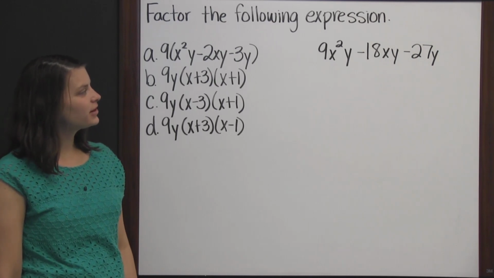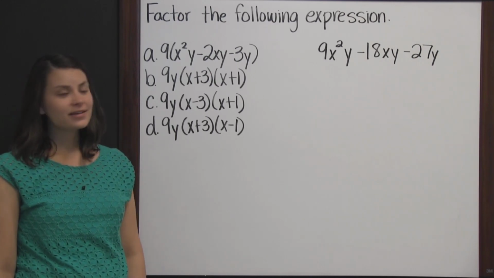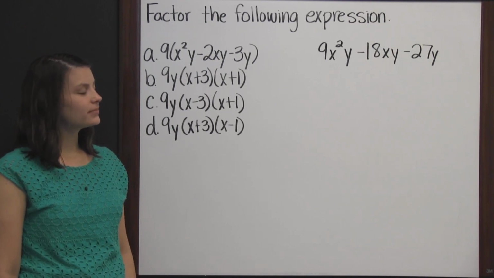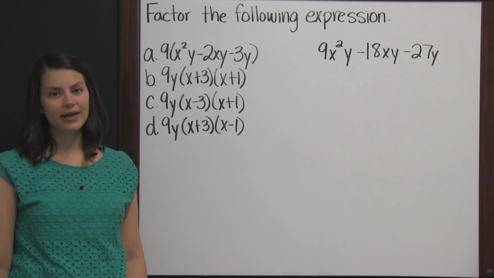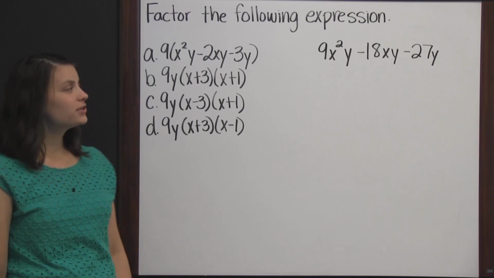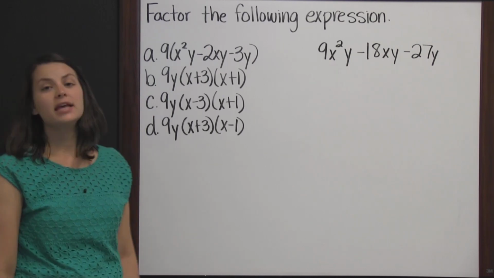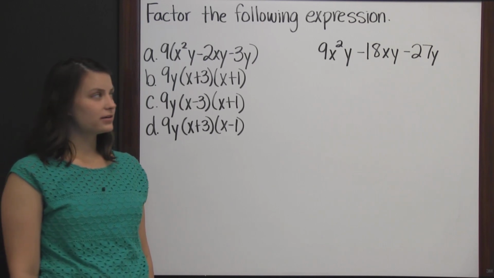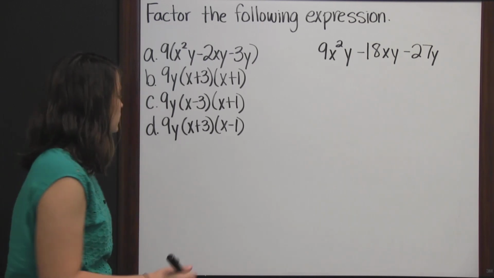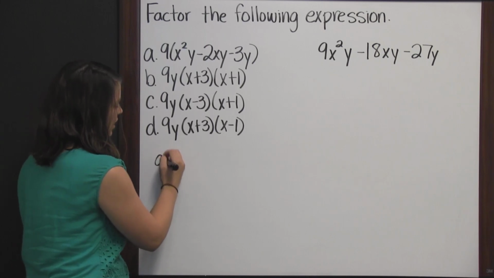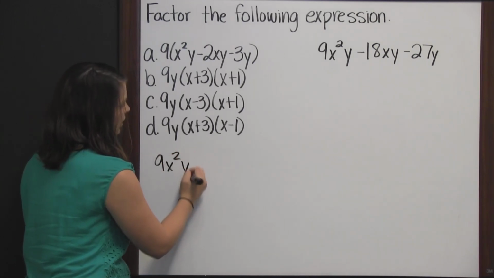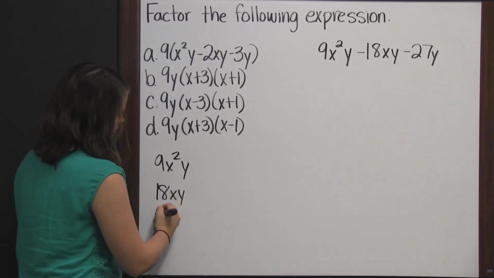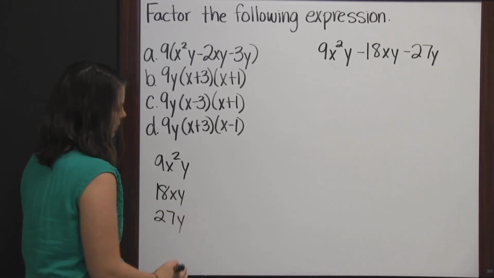Factor the following expression. 9x squared y minus 18xy minus 27y. The first thing we need to do when factoring is to look and see if there's a GCF for our terms. So I'm going to write down our terms: 9x squared y, 18xy, and 27y.